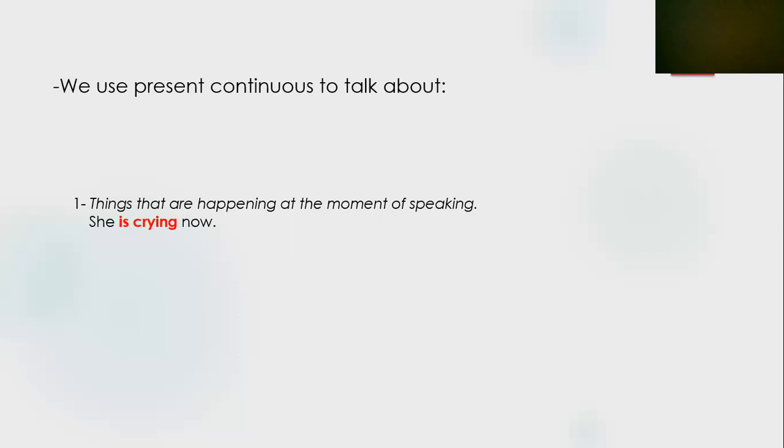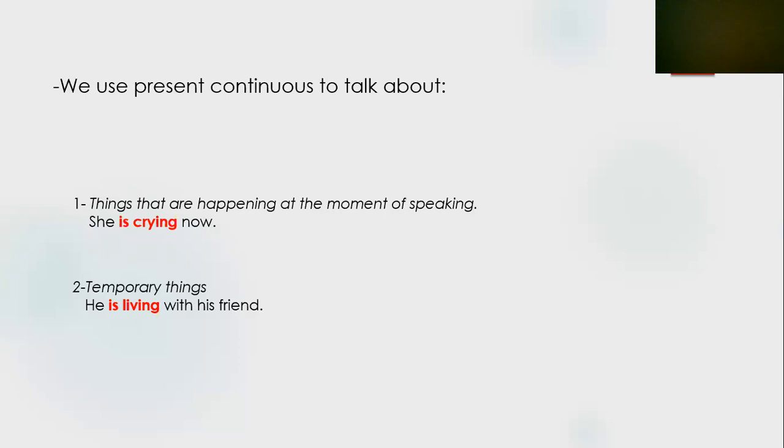When I say this sentence, she is crying now, it means that when I say the sentence, she is crying at that moment. Second thing, for temporary things, for the things that are going to change. They are not, for example, like the facts.